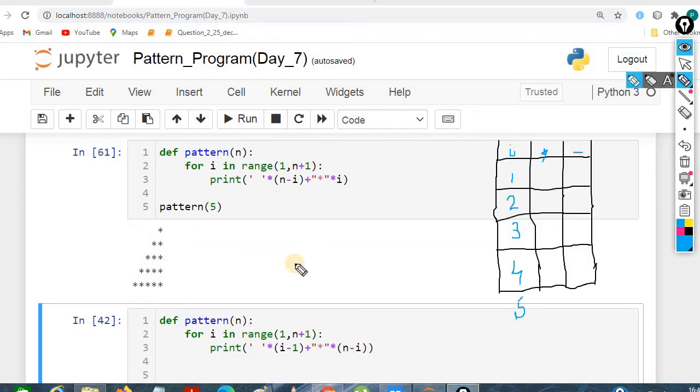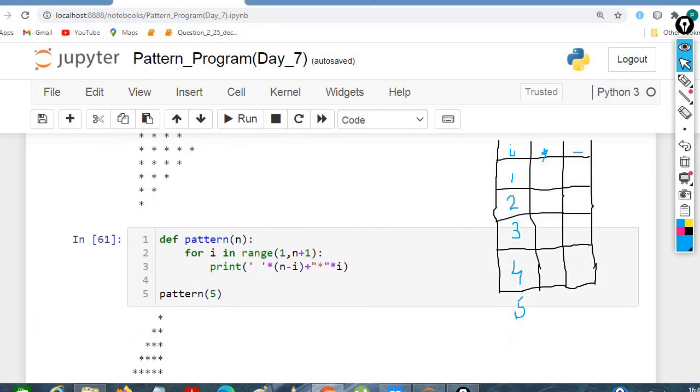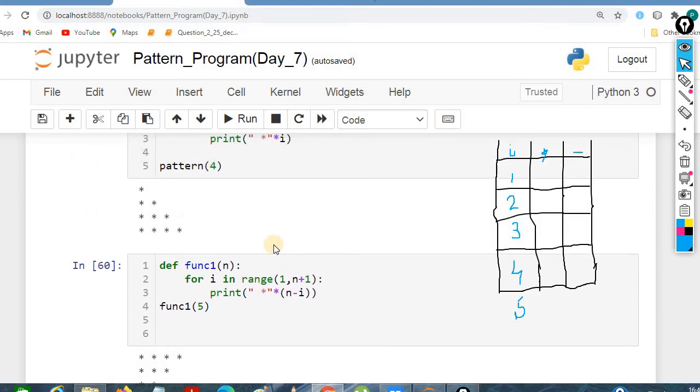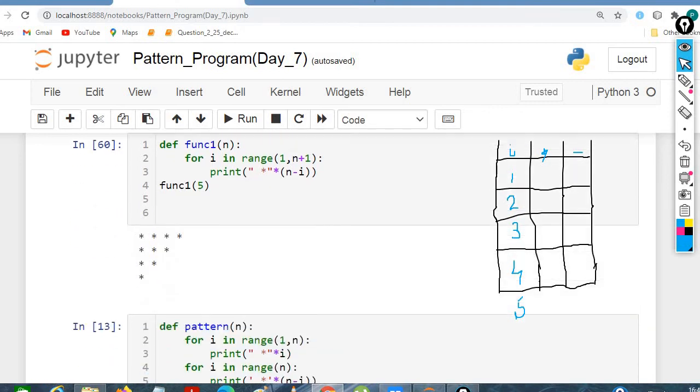This one is also a right angle triangle, but it is somewhat different from the upper one, because in this we have to provide some space, then we have to start. In the above one we have to start from the corner itself.